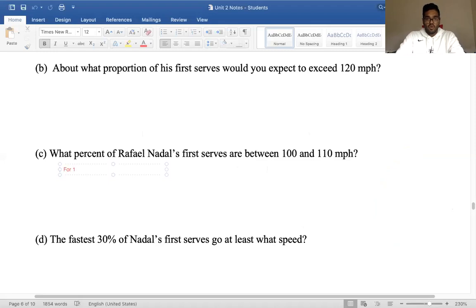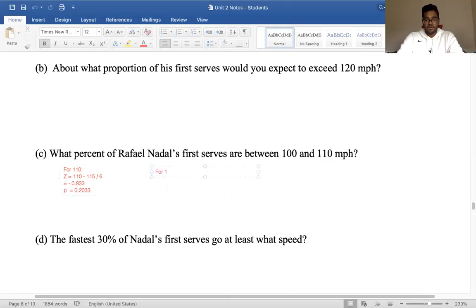For 110, z equals 110 minus 115 divided by 6, which equals negative 0.833. The p-value is 0.2033.